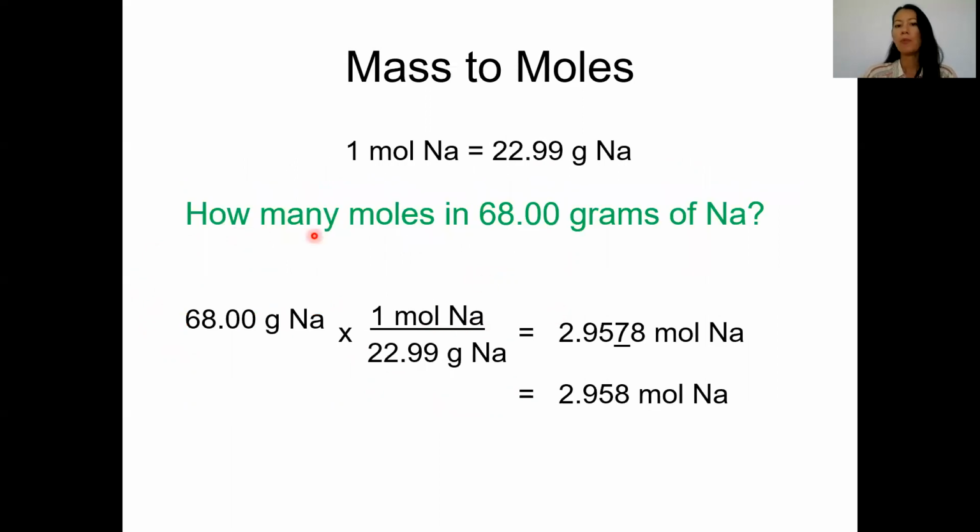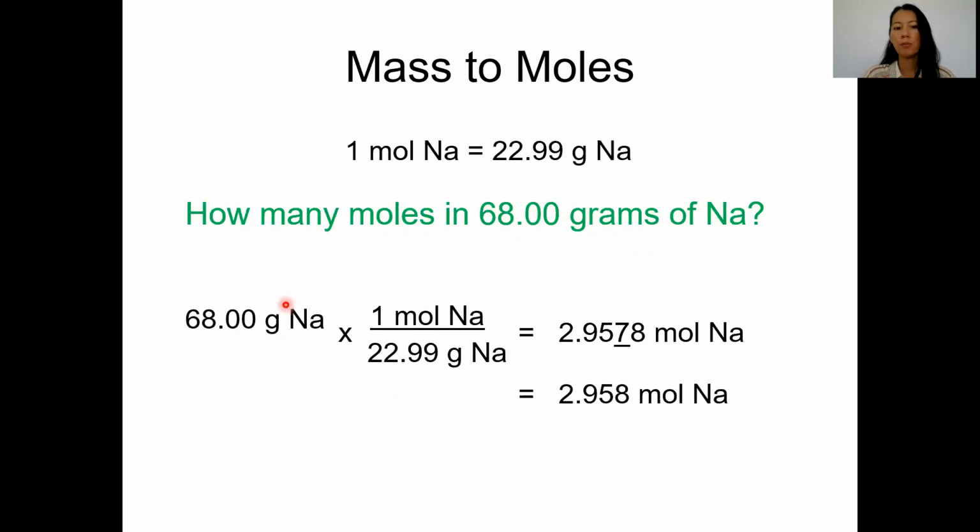Here's an example. How many moles are in 68 grams of sodium? The mole is very important in reactivity. Later, we're going to use equations, and the only way you can work with reactants and products is through moles using an equation. So this is really critical and a very common conversion you'll do. Start with your 68 grams of sodium. You need to go to moles.